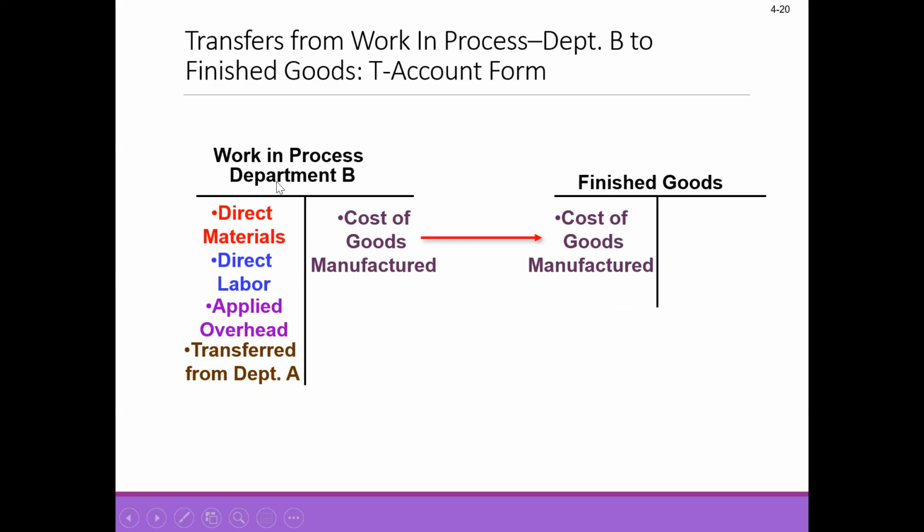In this case, we only have two departments, A and B. Once Department B is done, then it's done with work in process. In this scenario, it goes right into finished goods.